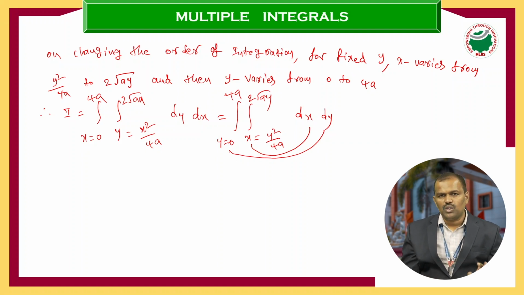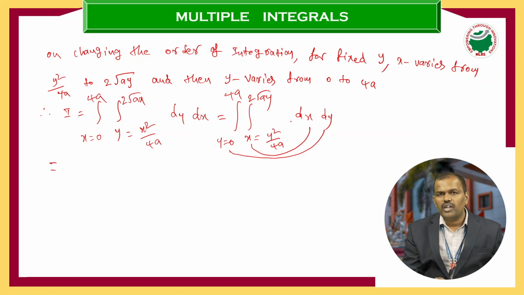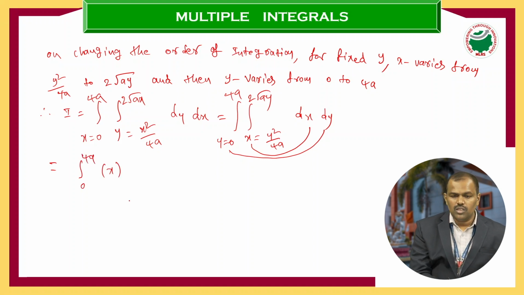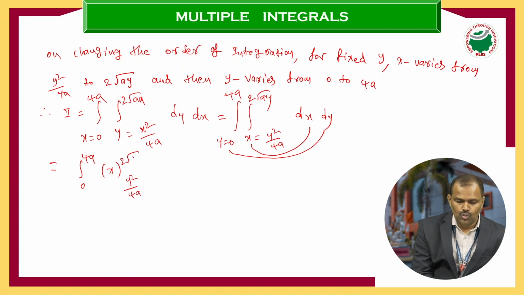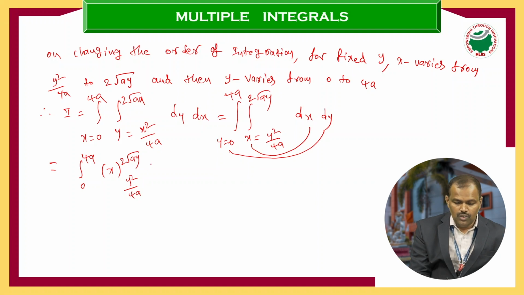So first with respect to x, the integral of 1 dx is x, within the limits y square by 4a to 2 root ay, and y from 0 to 4a, dy.